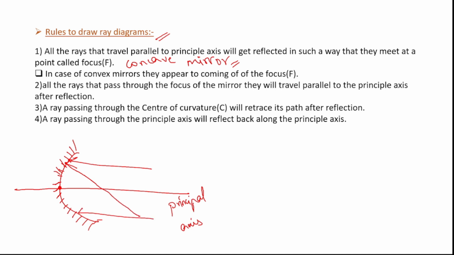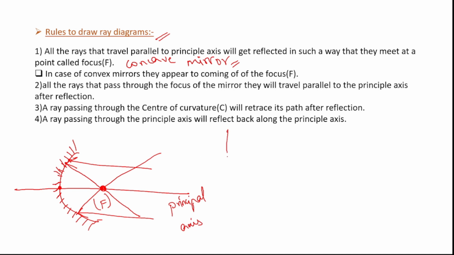Again pass another ray onto this mirror, it will also get reflected back. So these rays are meeting at one point. That point is called as focus. So every ray which is traveling parallel to the principal axis will get reflected in such a way that they all meet at one point, that is called focus. Okay, so this is in case of concave mirror.